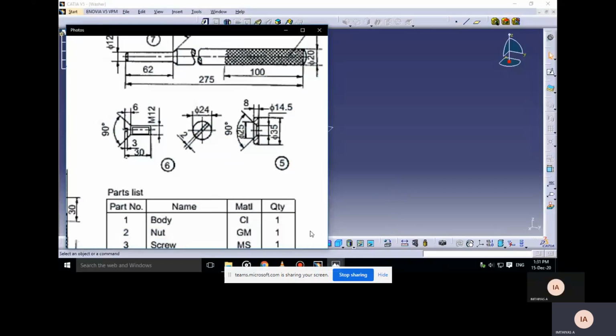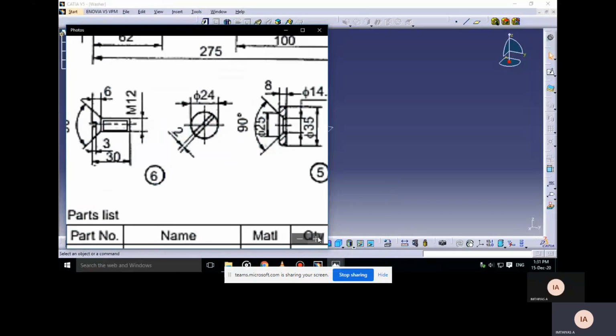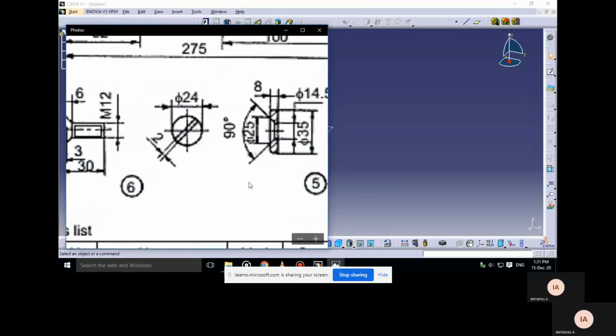So we'll design the washer. The thickness is 8, and we have two diameters, dia 25 and dia 35.